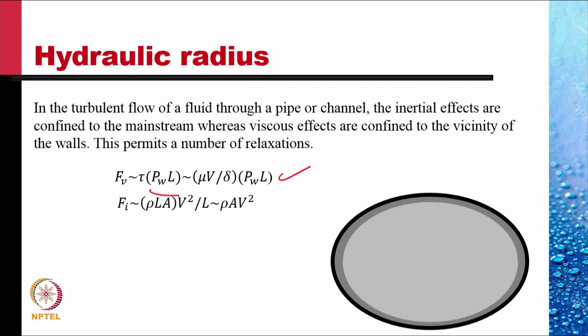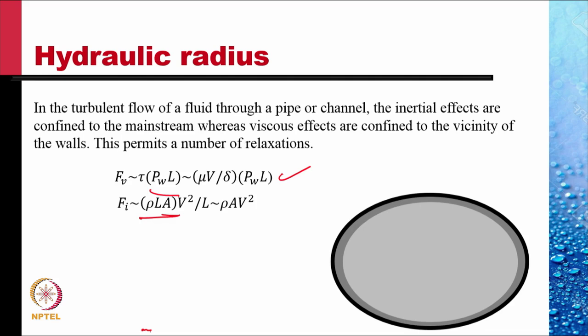The inertial force, on the other hand, is in the main region over the whole area. So that is rho times the volume of the pipe cross section, L A, times the acceleration, which is v squared by L, where L is the characteristic dimension of the cross section of the pipe.